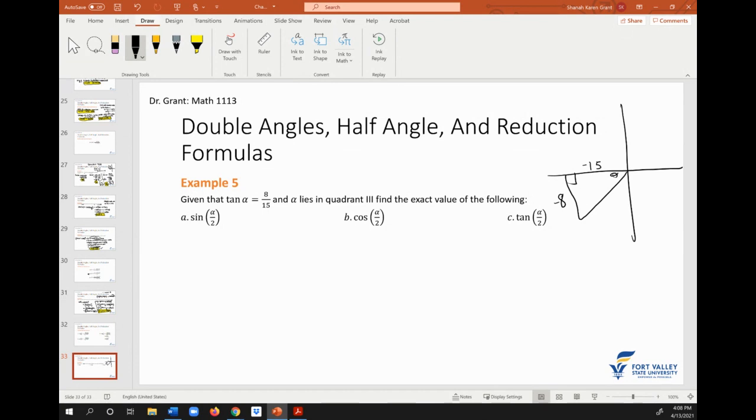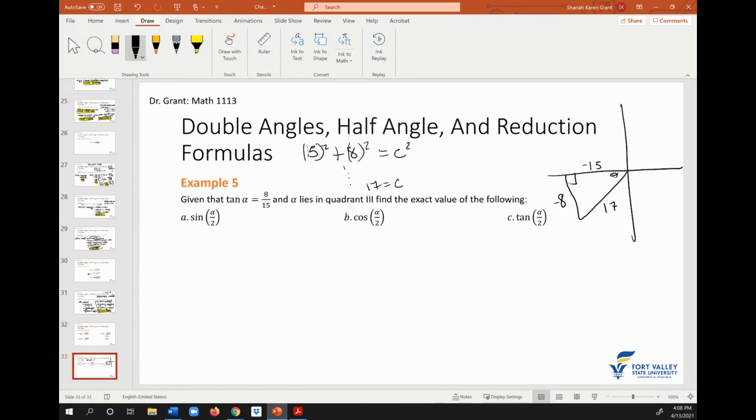At any rate, we will still need to find our hypotenuse before we even dive into this question. So using the Pythagorean theorem again, we know that 15 squared plus 8 squared, you can put negative if you want to, equals c squared. And if you solve this, you'll get that c equals 17.